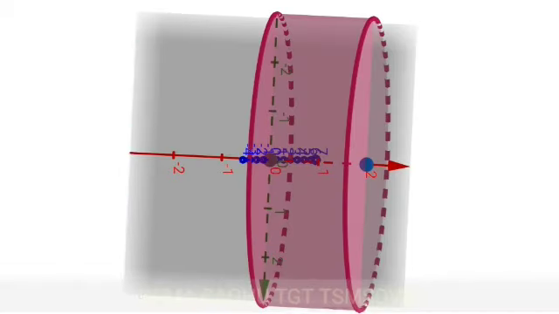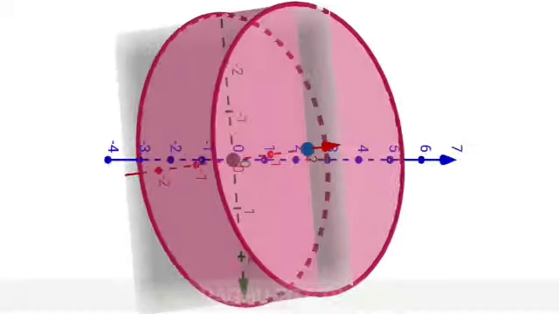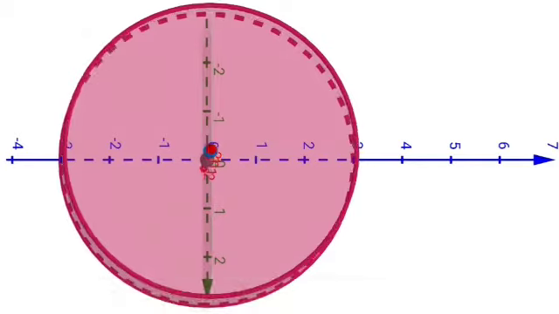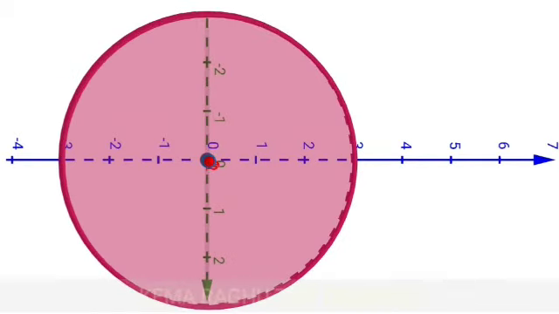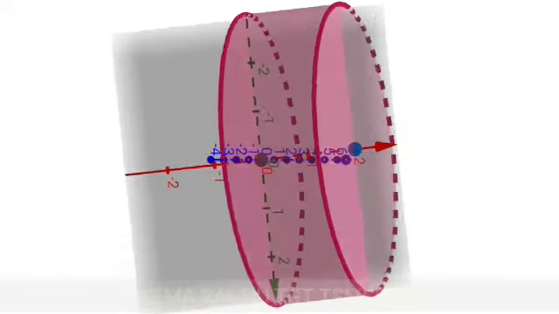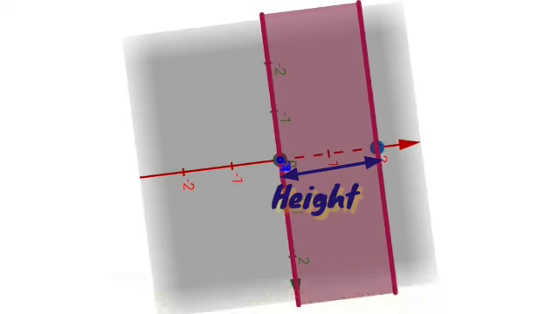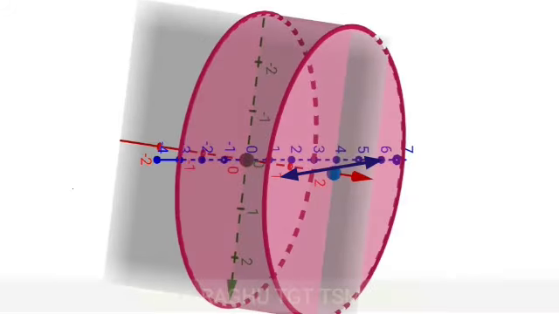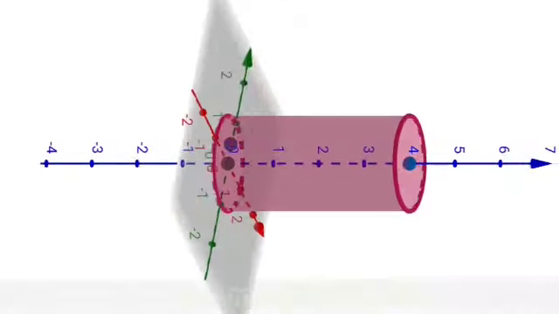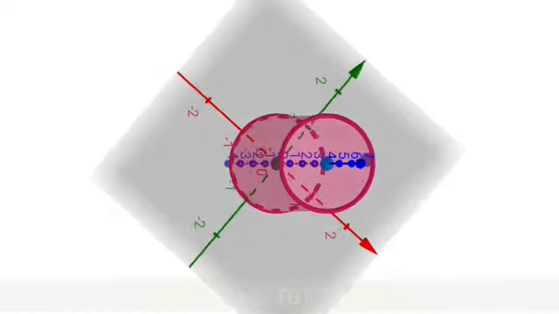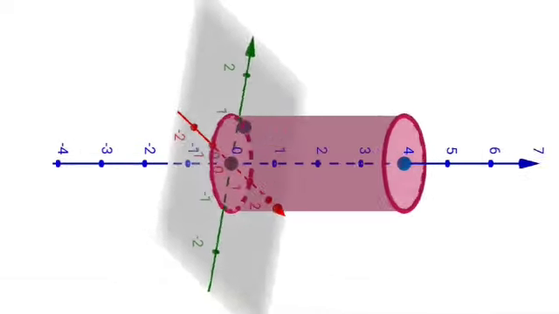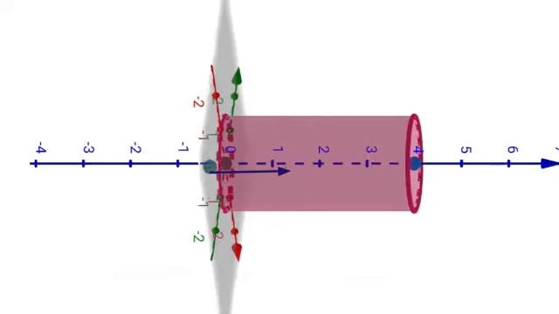As you can notice here, a circle is formed by all the points which are equidistant from a fixed point. There are two identical circles and the distance between them is the height, and the diameter is between 2 points on a circle passing through the center.